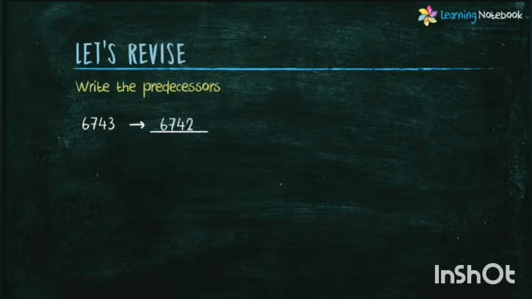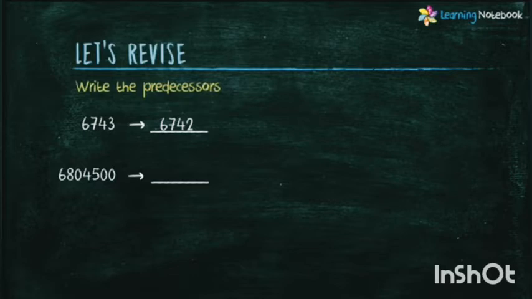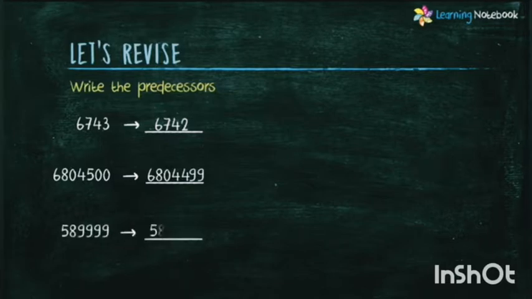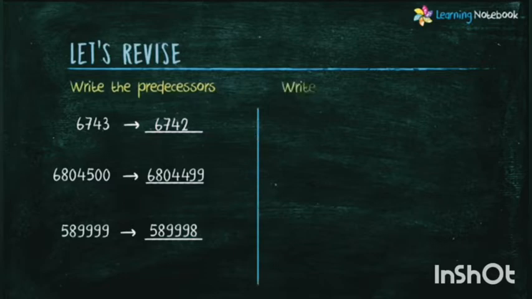If you subtract one, you will get 6742. The second one, 6804500, its predecessor number is 6804499. Let's go to the third one, 589999. Its predecessor number is 589998.